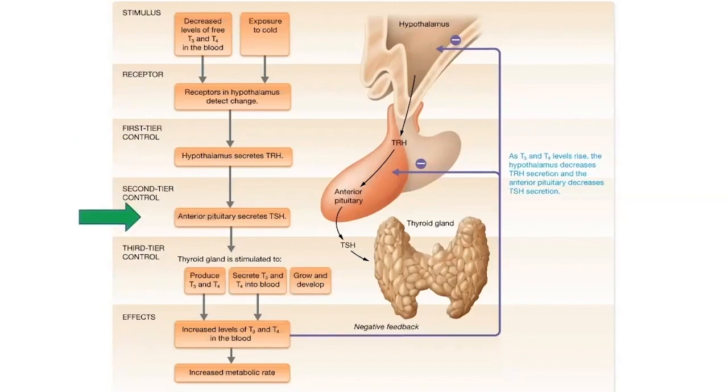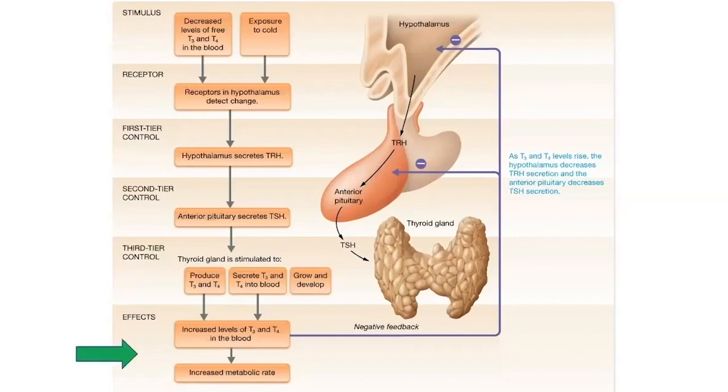TRH travels to the anterior pituitary and stimulates cells there to release TSH, thyroid-stimulating hormone. The target for TSH is the follicular cells. The thyroid gland, in response, produces more T3 and T4, secretes T3 and T4, and grows and develops.